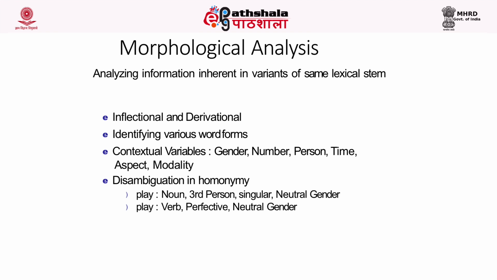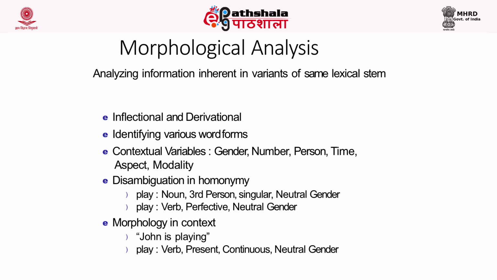Identifying various word forms of the same stem is part of morphological analysis. And for doing that, one also looks at contextual variables of gender, number, person, time, aspect, and modality.